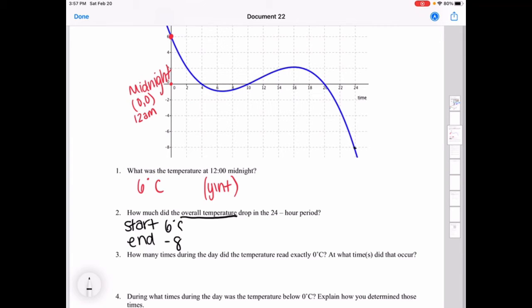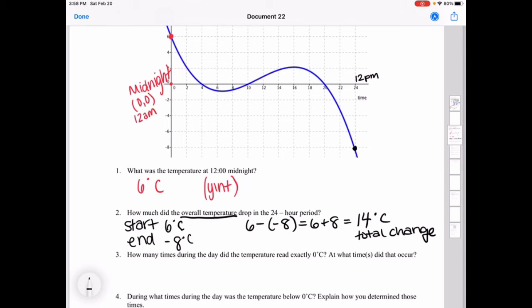And I got that point from right here because this is 12 p.m. and it was -8 degrees out, Celsius. So you want the difference between the start and the end. So if you want the difference, that's subtraction. So I'm going to say 6 minus the -8, which is going to give me 6 plus 8, which is going to give me 14 degrees Celsius total change.